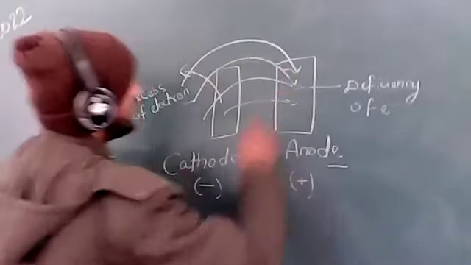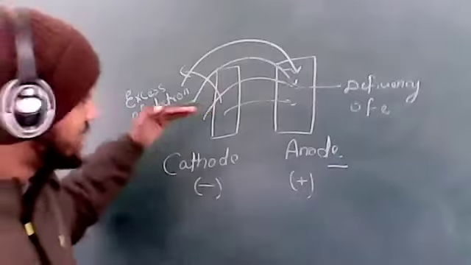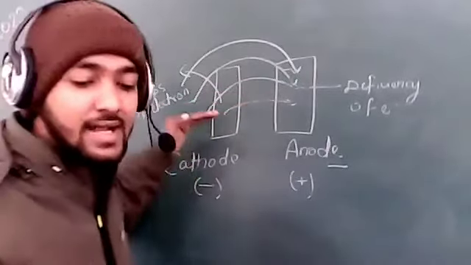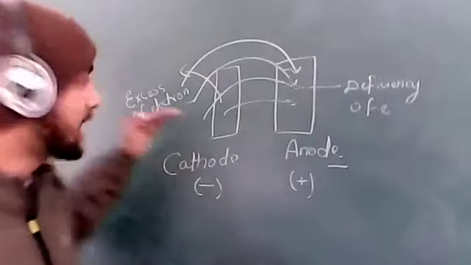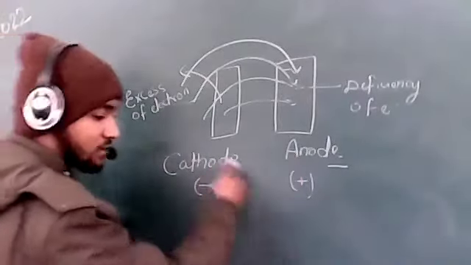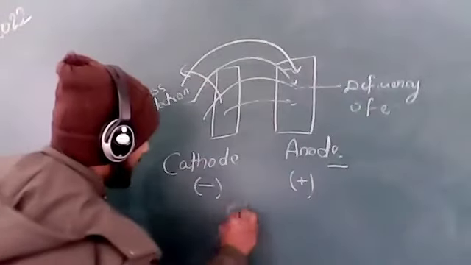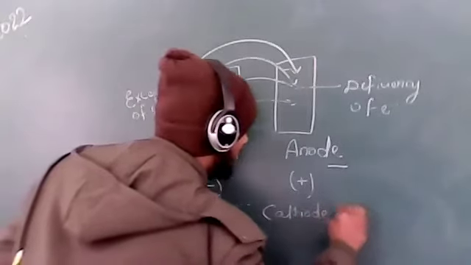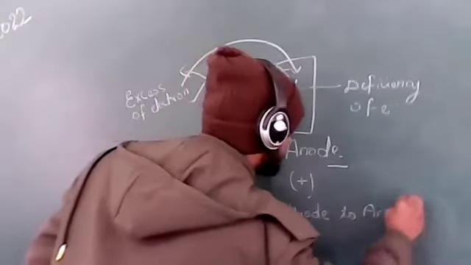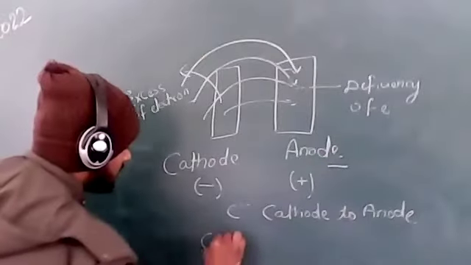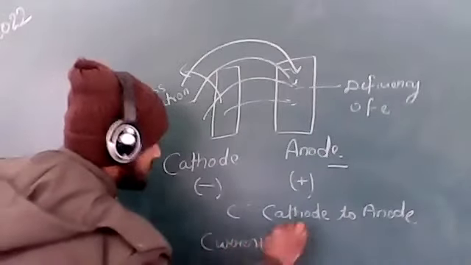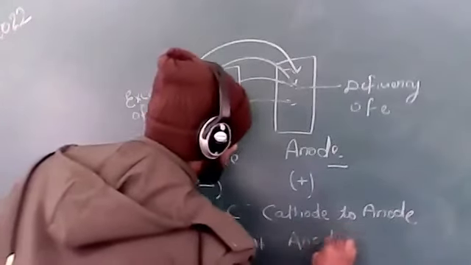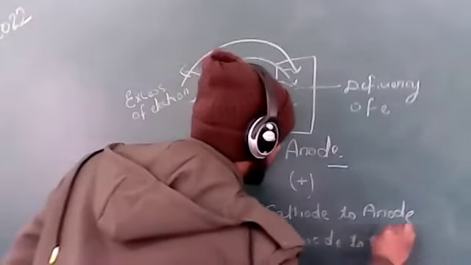As the electrons flow from cathode to anode, current is produced and current flows. And what is the direction of current flow? Just opposite, anode to cathode. Electrons flow cathode to anode, and current will flow just opposite to the flow of electrons, anode to cathode.